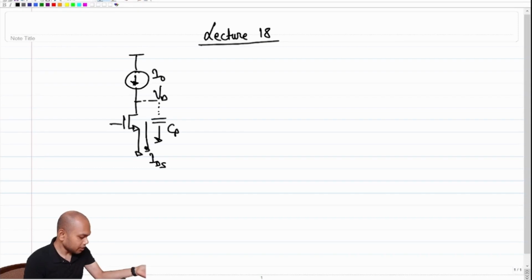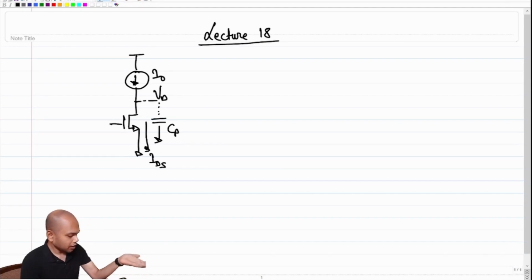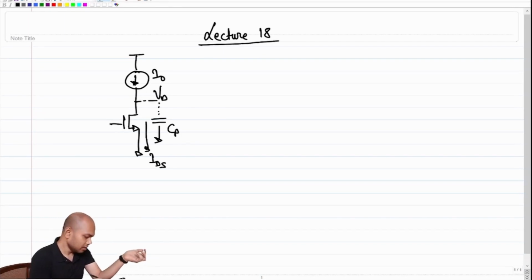In this case, we argued that if IDS were higher than I naught, then the voltage at VD would have dropped, which essentially means that we have to do something to the transistor in order to ensure that IDS becomes equal to I naught.